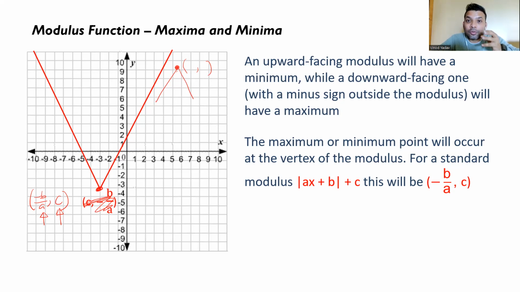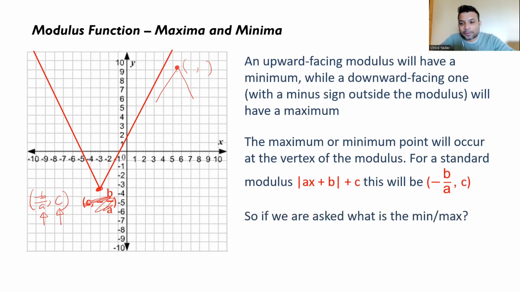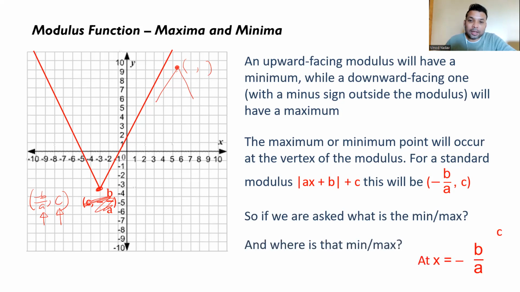So the value of X will help us locate that point. And at that X, what is the value of the function? Input में X में value जाएगा, output में Y का answer आता है. So the value of Y will give us the value of the function, isn't it? So if we are asked to find what is minimum or maximum, at X equal to minus B by A, it will happen and that value will be C.